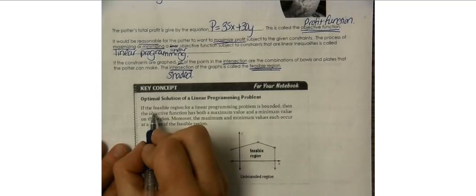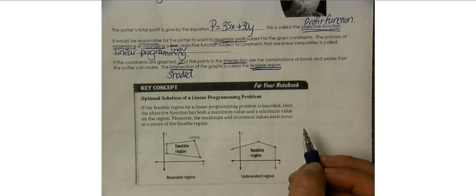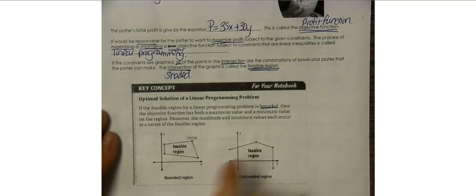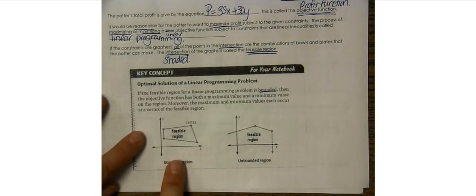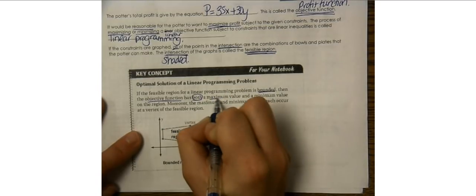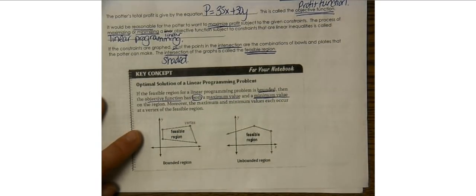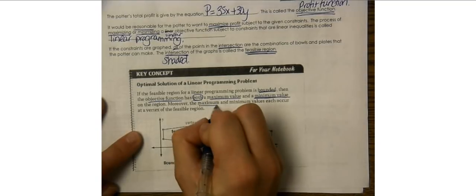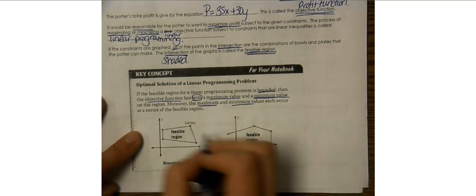Now, if the feasible region for a linear programming problem is bounded, and bounded looks like this first picture right here, then the objective function has both a maximum value and a minimum value. Moreover, those maximum and minimum values occur at the vertex of the feasible region.